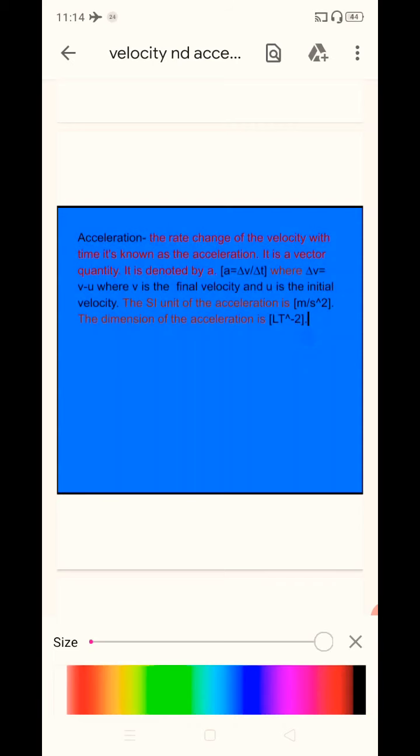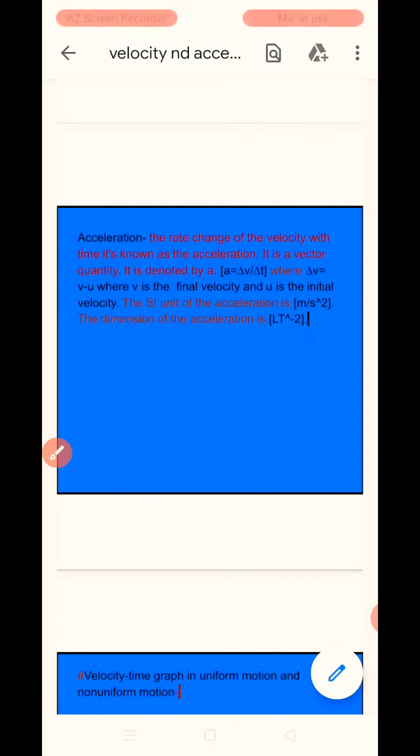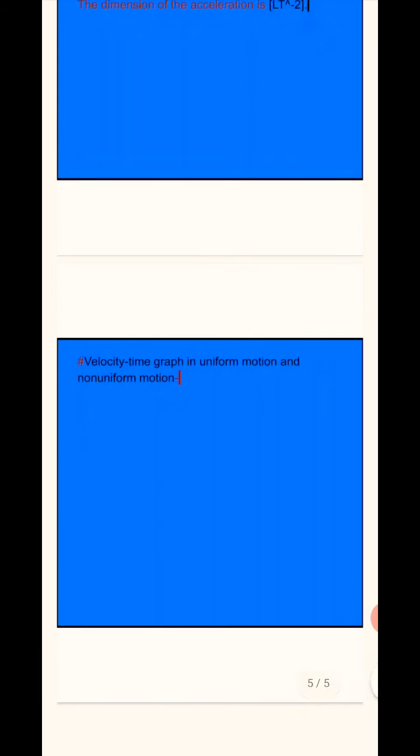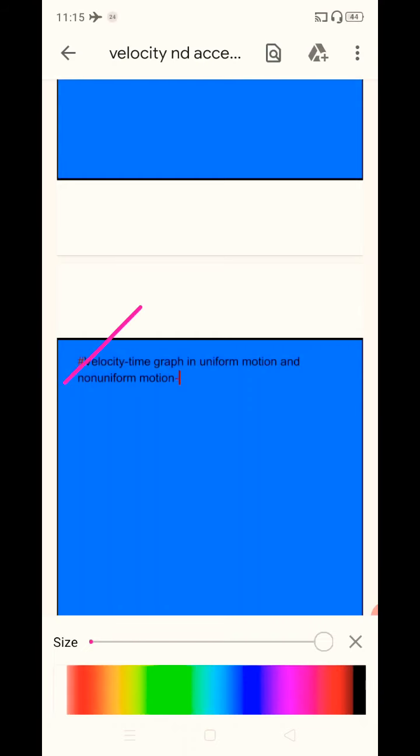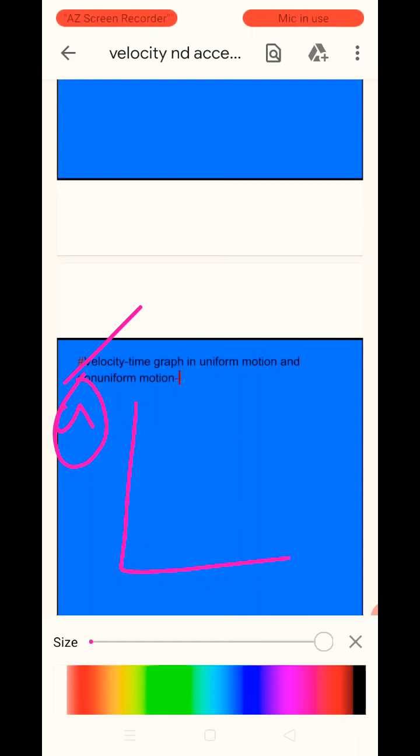Next is the velocity time graph in uniform motion and non-uniform motion. Clear? First is uniform motion. Velocity and time.